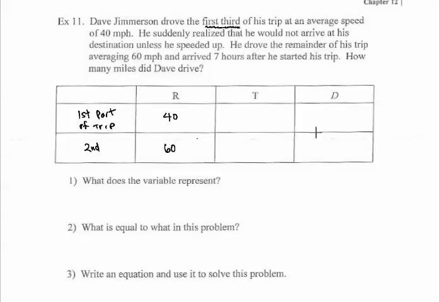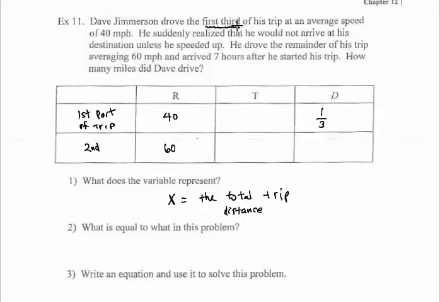Now our x in this problem is going to represent the total distance of the trip. So if I use that for my total distance, then up here for the first part, I can use this phrase that was in the first sentence.